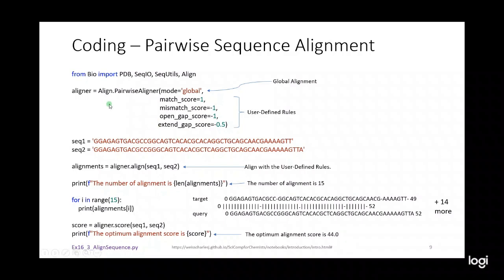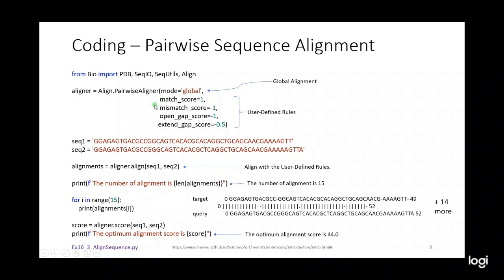For example, we created an aligner object using the pairwise aligner function. We specified the global alignments with this argument, mode equals global.